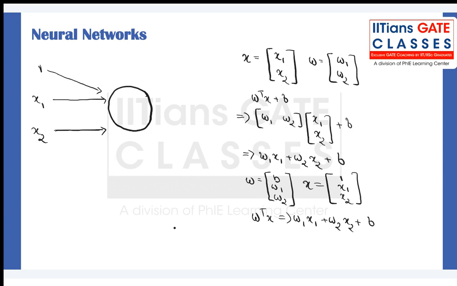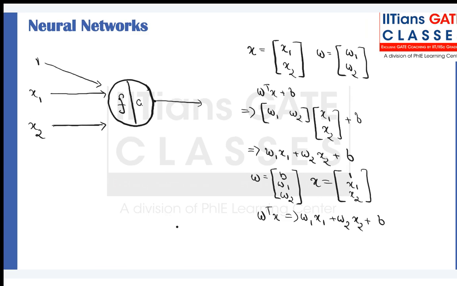The soma contains one part which computes your W transpose X, and the other part is your non-linearity A that finally gives you the, let me not write this as Y, let me write this as F. I think there's some issue with the pen today. Okay, F. And this gives me a Y.